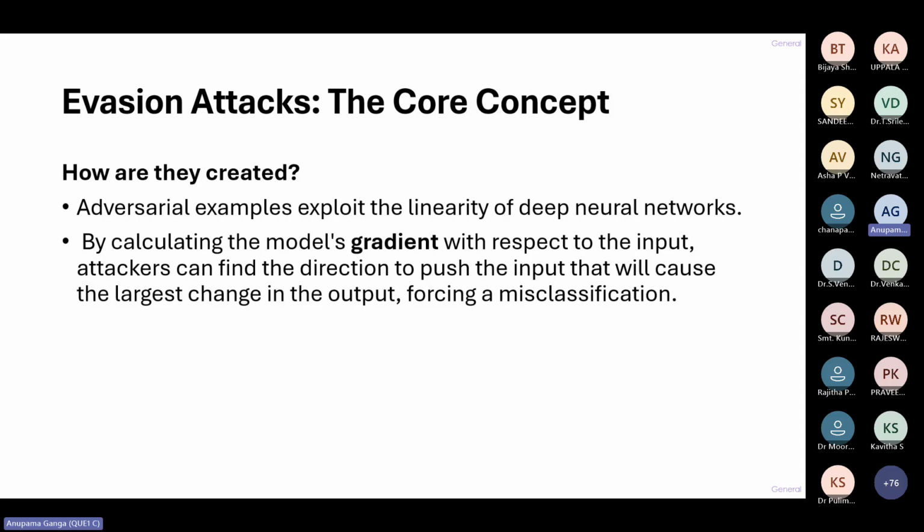What the attackers do is calculate the model's gradient with respect to the input, and then find the direction in which the input can be changed so that it causes the LLM to misclassify. Going into detail, we have a couple of techniques.